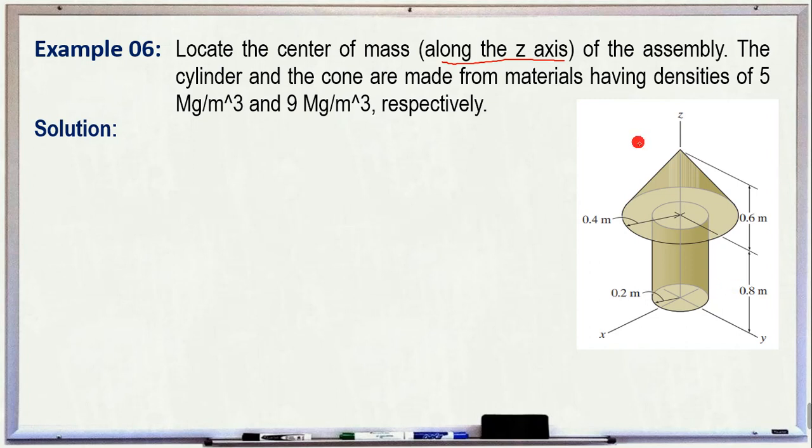So mao nang ato siya pangitaon na nay mga given diri ang mga densities. We have 5 megagram per cubic meter and 9 megagram per cubic meter for the cone. So unsa may atong gamiton ani nga principle.